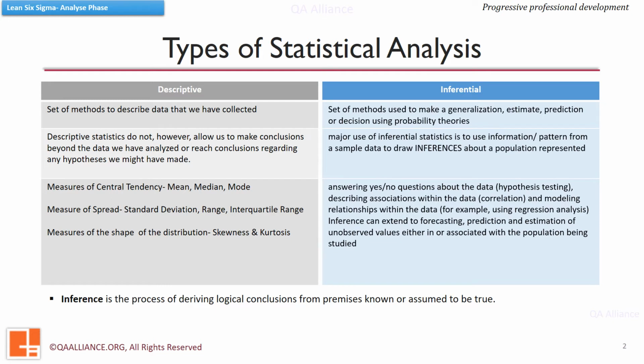With the help of inferential stats, we make inferences about a population by using information from the samples taken. Hypothesis testing helps in answering yes/no questions about the data. Correlation is used to describe associations within the data, and the inferences that we make help us in forecasting and predictions about the future performance of the process or the population under study.